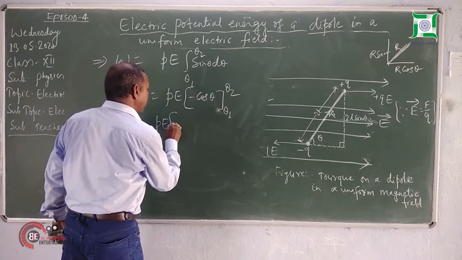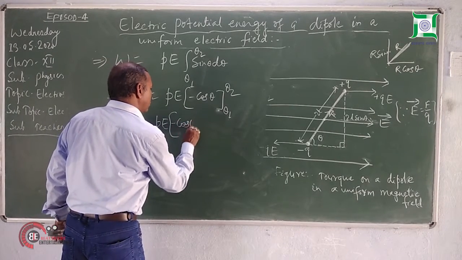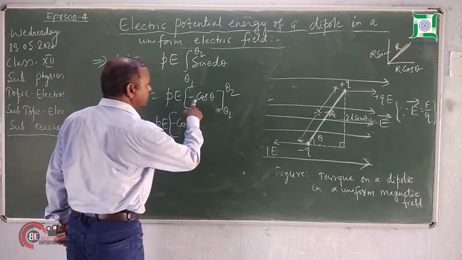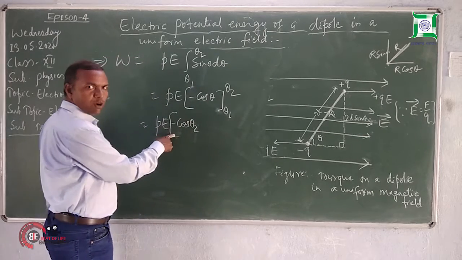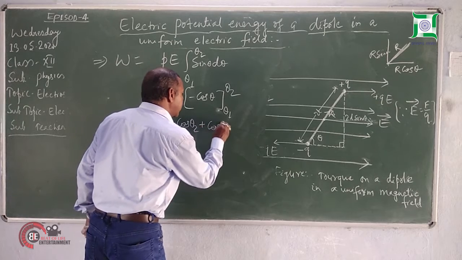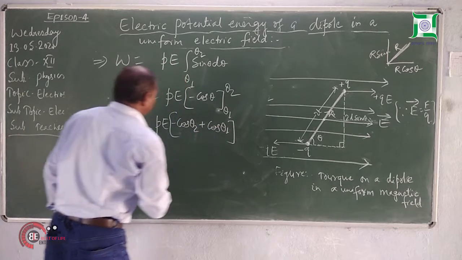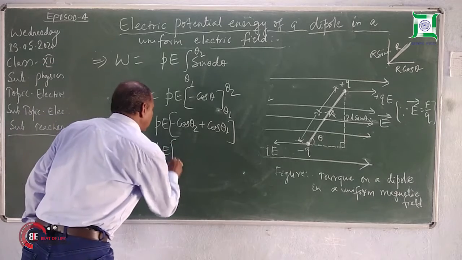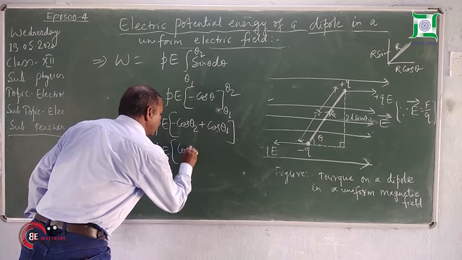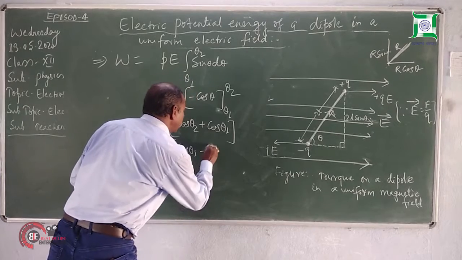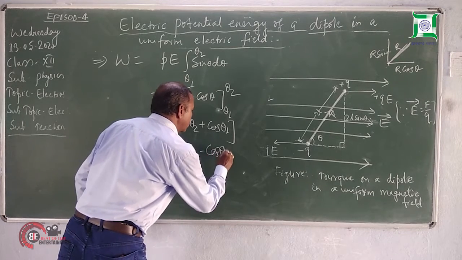So it will become minus cos theta 2, and here will be minus and outside is minus, so it will become plus cos theta 1, and finally it will become PE cos theta 1 minus cos theta 2.